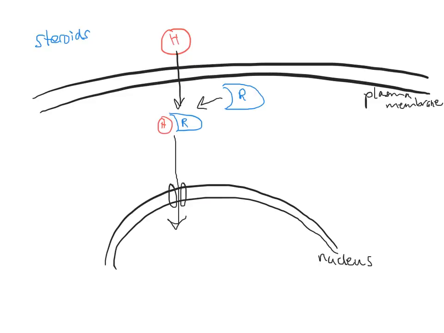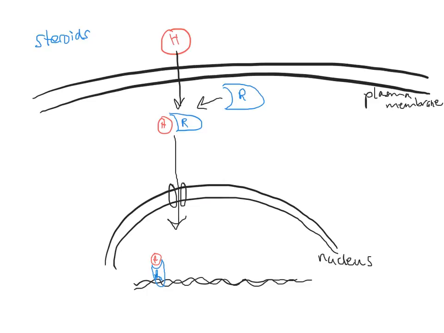Now, we all know that in the nucleus you have your cell's DNA. This hormone receptor complex actually binds to the DNA. So the receptor sits on the DNA. The receptor can't enter the nucleus until it's bound to a hormone.